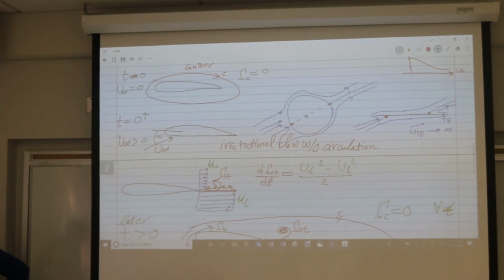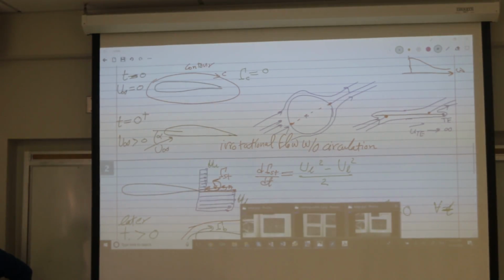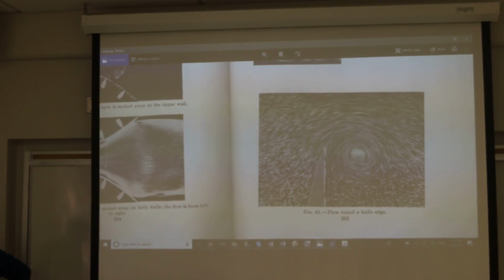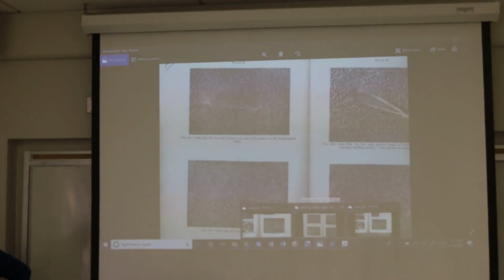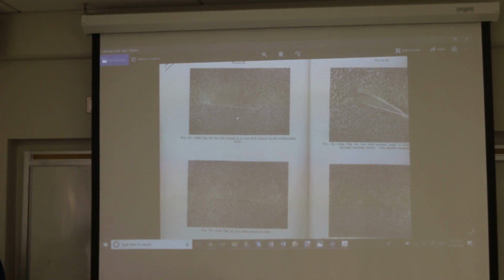And you can see here, this is how they depicted the circulation, how the flow rotates around an edge in general. So this is rotation. This is not t 0 plus. This is later in time, but very early, where a starting vortex is forming. Okay, here is the starting vortex. So the flow rotates and forms a vortex. Now I have a nicer picture here for this one.